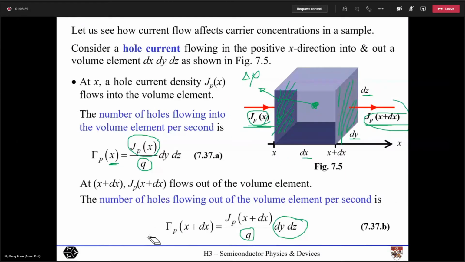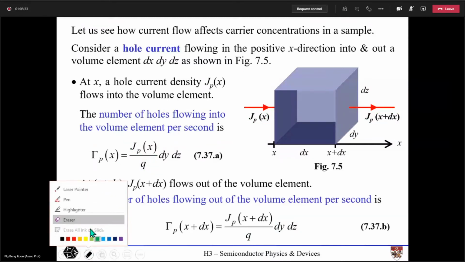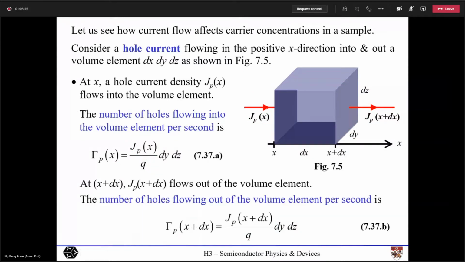So you come back to this figure, right? This current here would have holes going in, and this current on the other side, the holes will go in the same direction, so this leads to holes coming out. So the left-hand side component would add holes to the box, and the right-hand side component will actually take out holes.